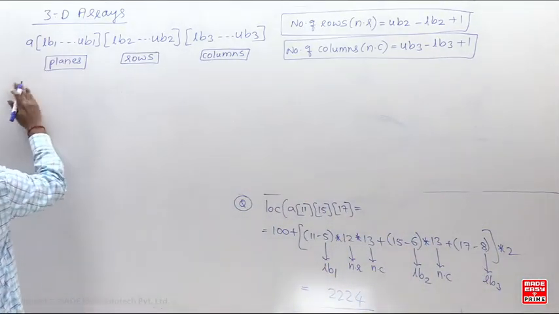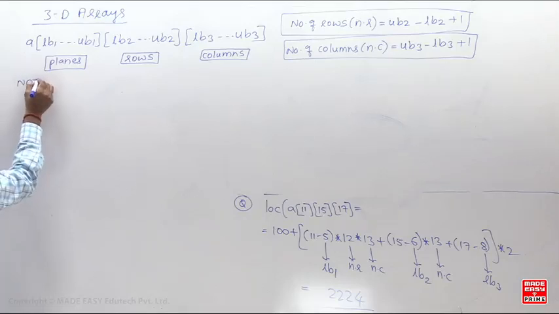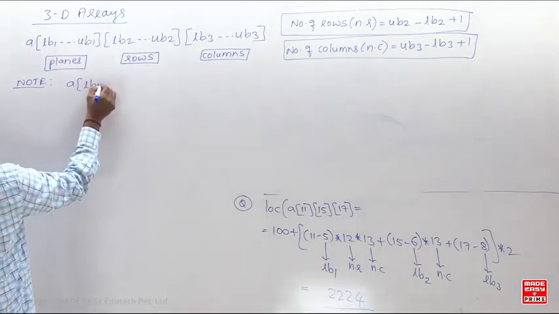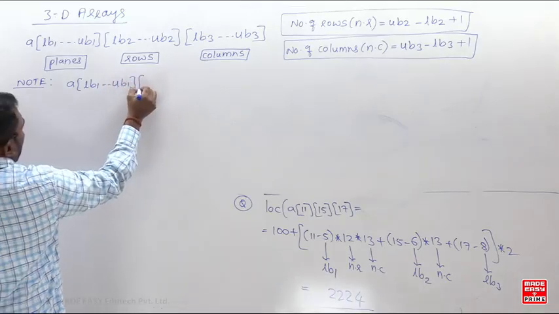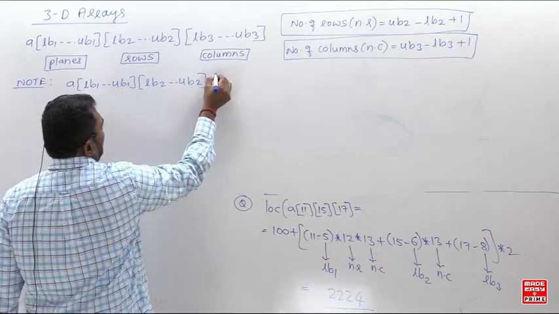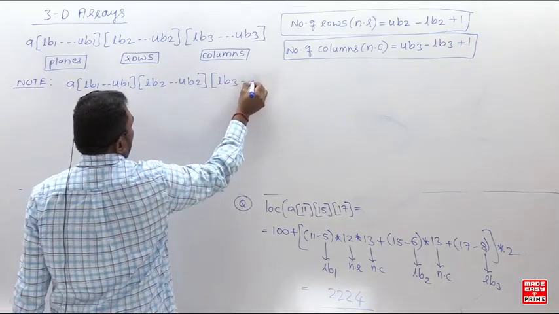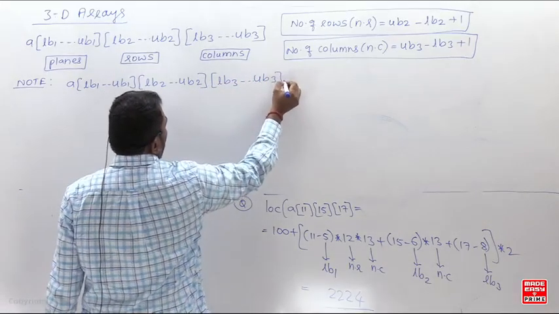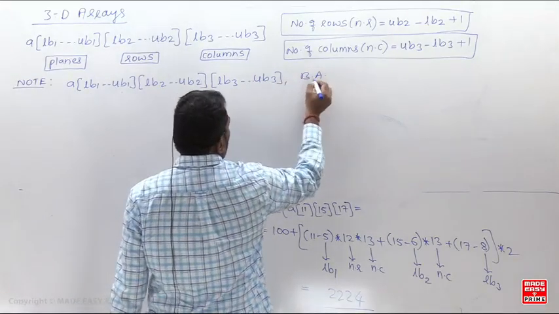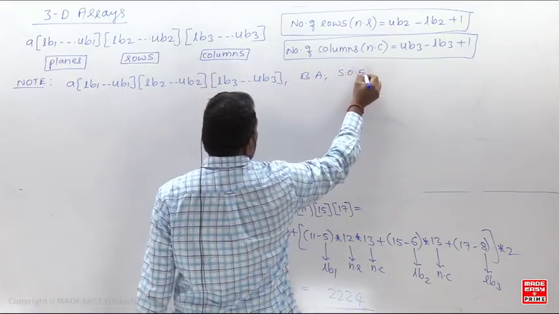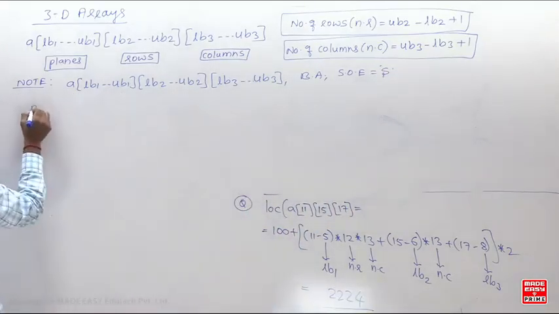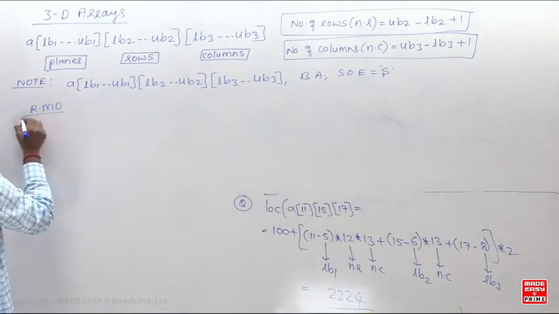Note: A of lower bound 1 to upper bound 1, lower bound 2 to upper bound 2, and next lower bound 3 through upper bound 3. Next, base address BA, and size of the element. So first write down the formula for row major order.